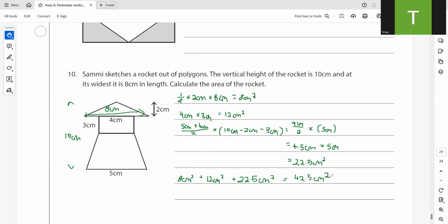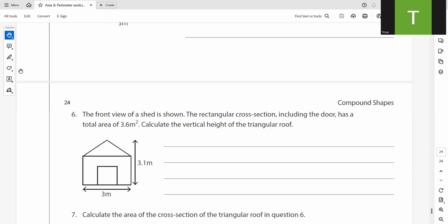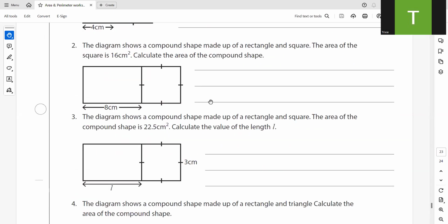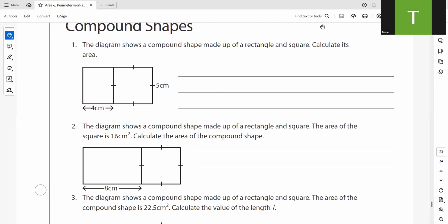So the total area of the rocket is 42.5 cm squared, and that's all for question 10. And also that's all for the compound shape. Okay, and yeah, that's all.